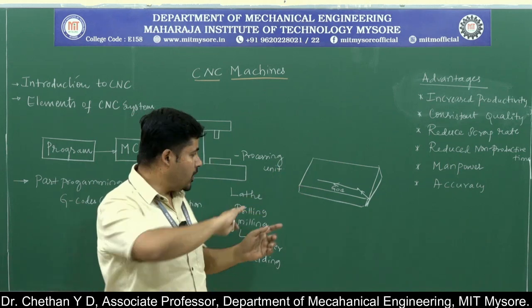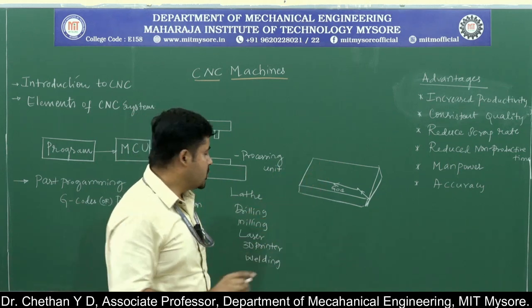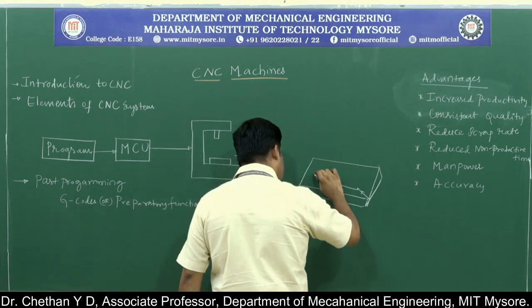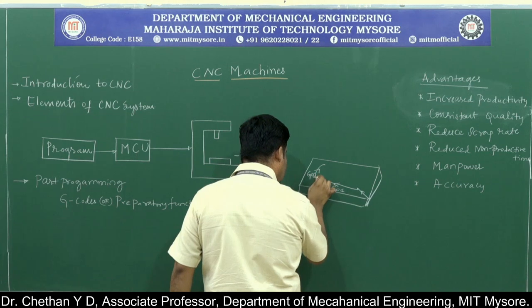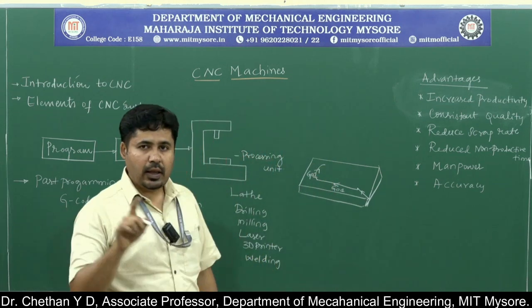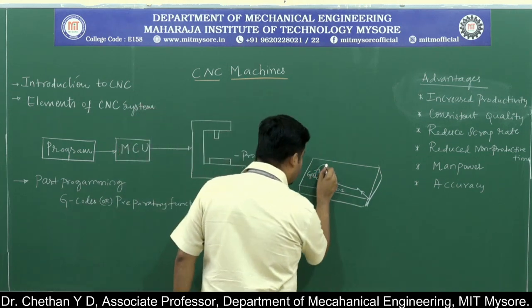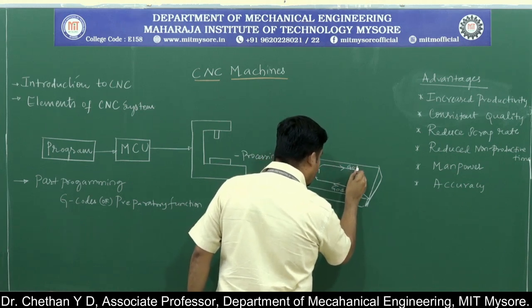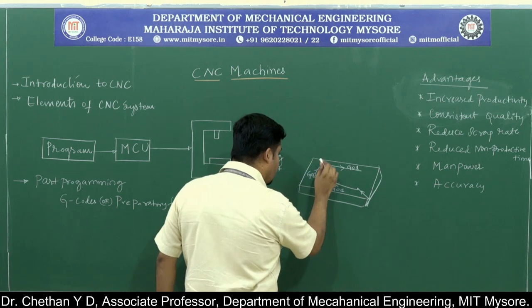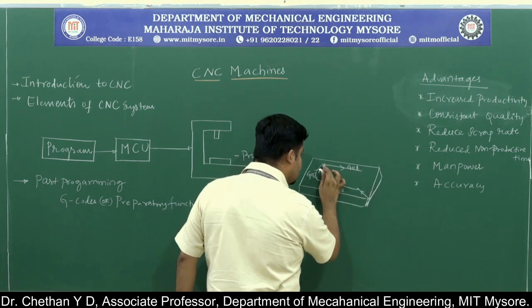Then if I want to have a curve, in the clockwise direction, you can have the code G02. Then again we need to proceed with the linear interpolation, so you can have G01. The tool will move from this end to this end.